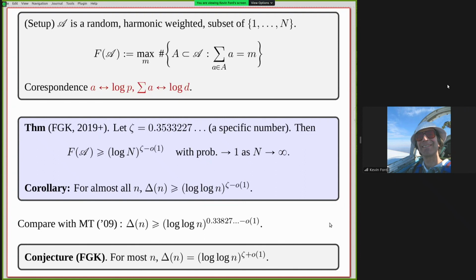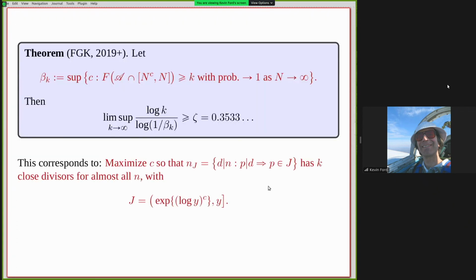So a sub-problem, which is really the main problem of our paper, is the following, which is related to what I called idea number 1 from the Meyer-Tenenbaum work. So we focus on the integers in our set lying in an interval of this type, which corresponds to looking at divisors of a number composed only of prime factors from an interval.